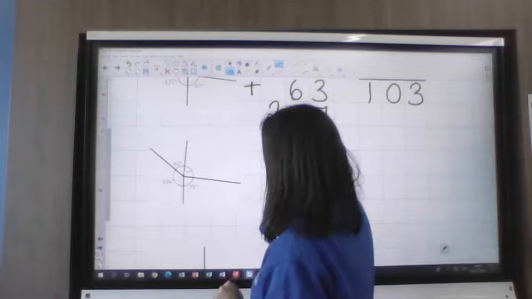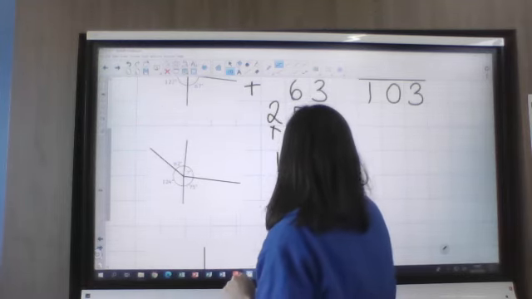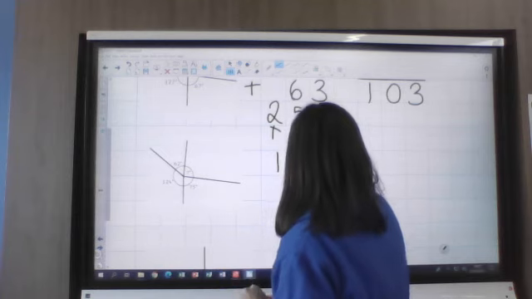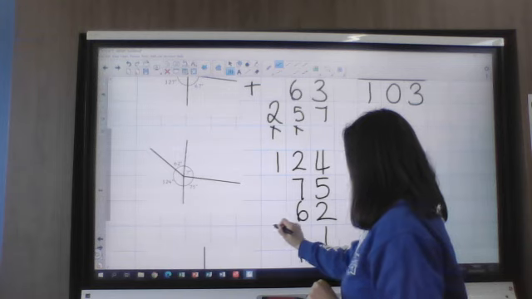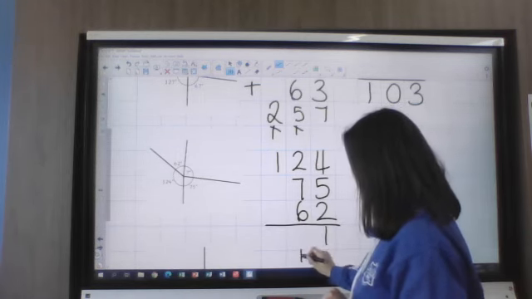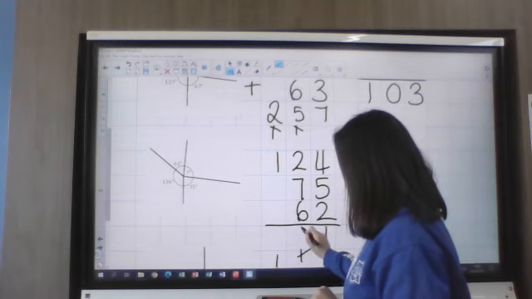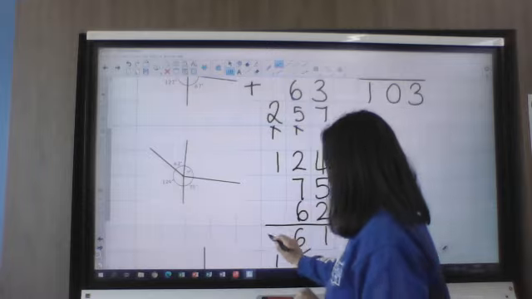So if I do it with you now, so I've got 124 plus 75 plus 62. So 4 add 5 is 9, that's 11. 2 add 7 is 9, plus 6 is 15, is 16. And then 1 add 1 is 2.